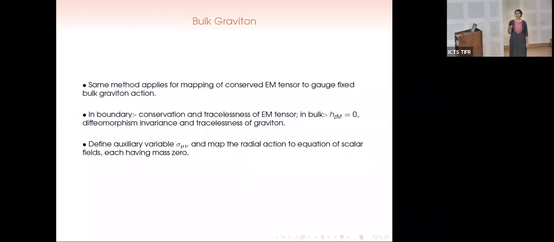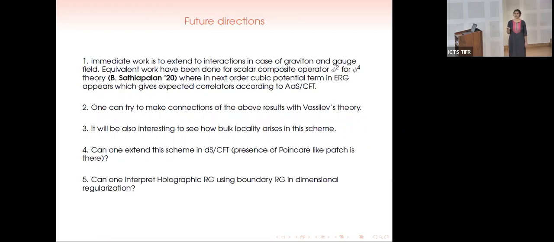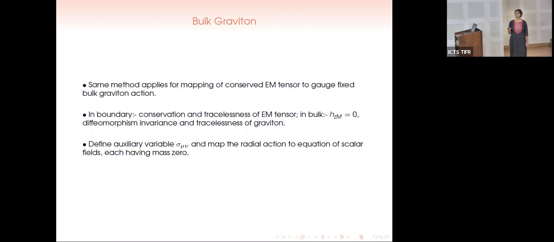So this actually comes to the end of my talk. In a similar way, one can find the bulk graviton also. If one considers a mapping of the conserved EM tensor to the gauge fixed one, one can find the gauge fixed bulk graviton action. So in the boundary, conservation and tracelessness of the EM tensor is considered.